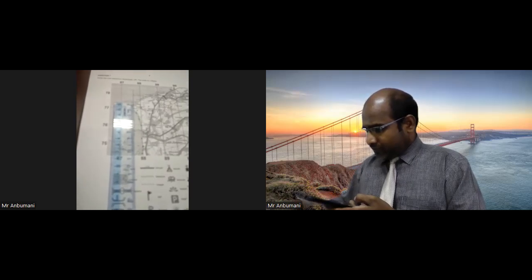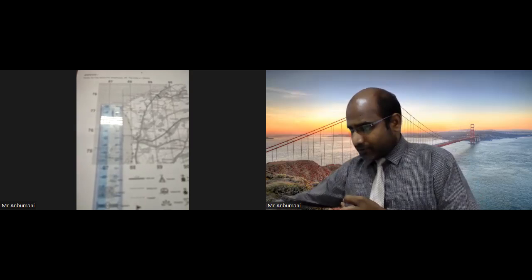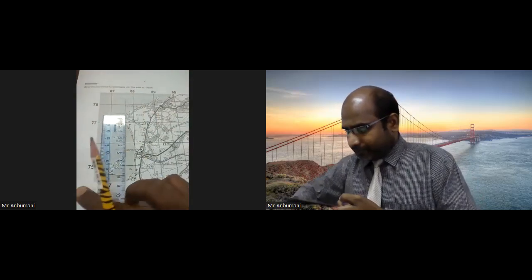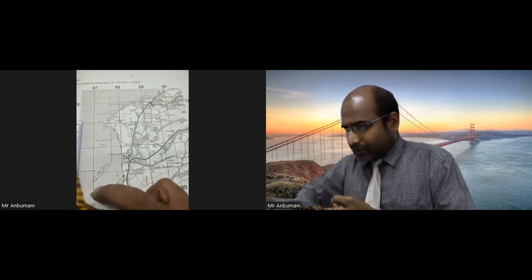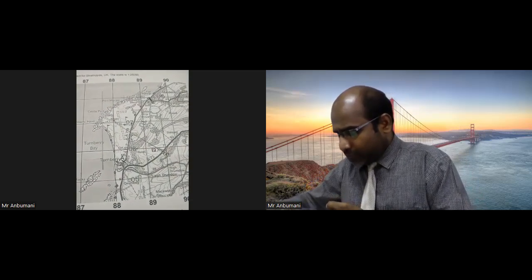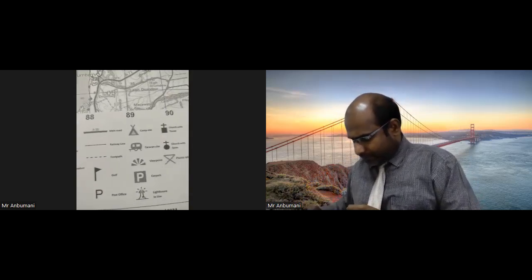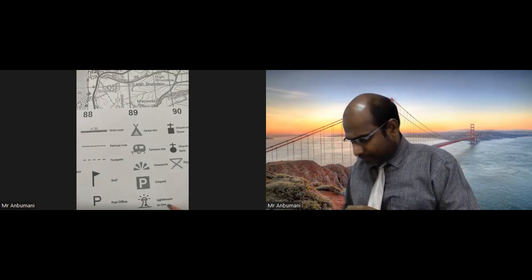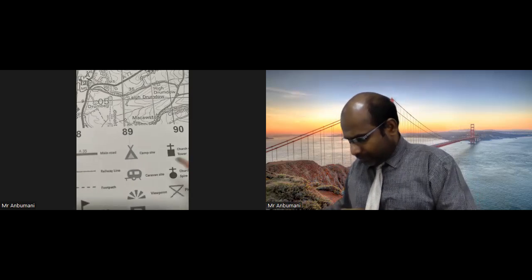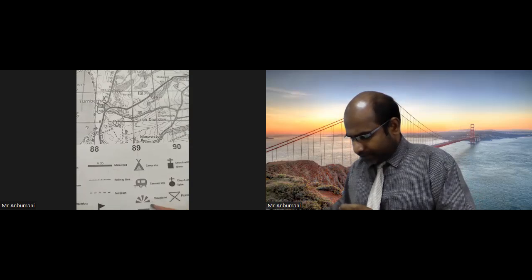Before we find the bearings, we need to locate the two places in this map. So one is lighthouse, another one is viewpoint. The map key is given here. This symbol refers to lighthouse and this symbol refers to viewpoint. Okay.